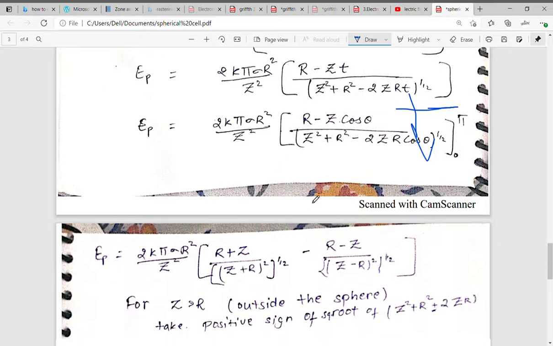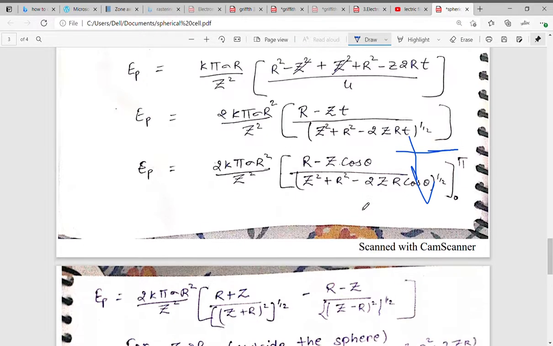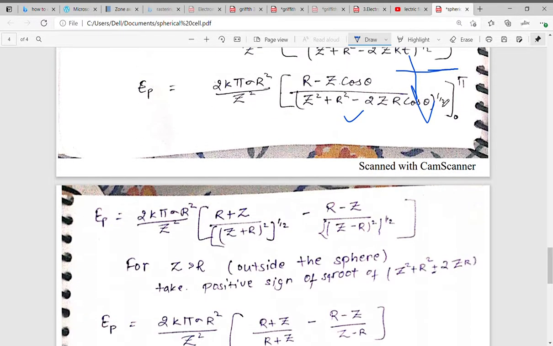So put these limits 0 to pi. This is the theta limit, theta goes from 0 to pi.